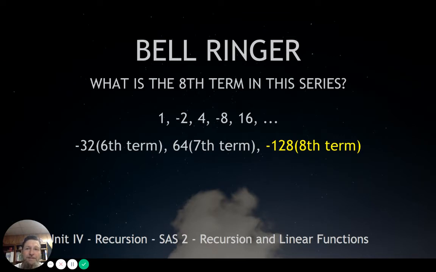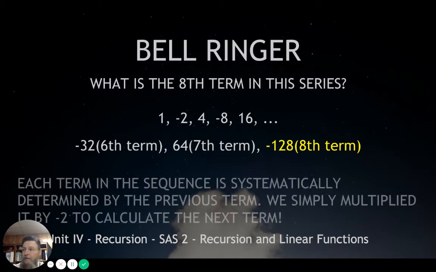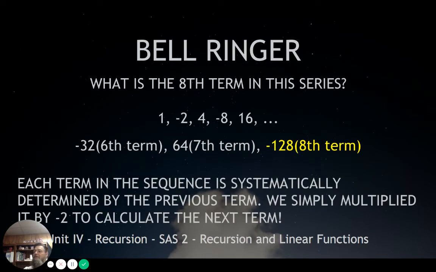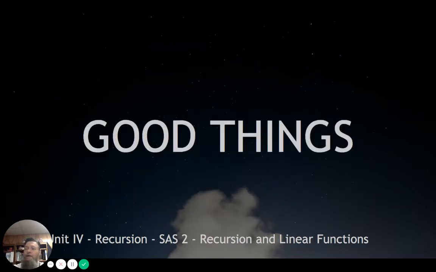They do a series of addition problems or a series of subtraction problems to determine exactly what's going on. And it's pretty cool the way it works. And it works at such a fast speed, it looks like they're multiplying like we do in our head. So each term in the sequence is systematically determined by the previous term, multiplied by minus 2 to calculate the next term.